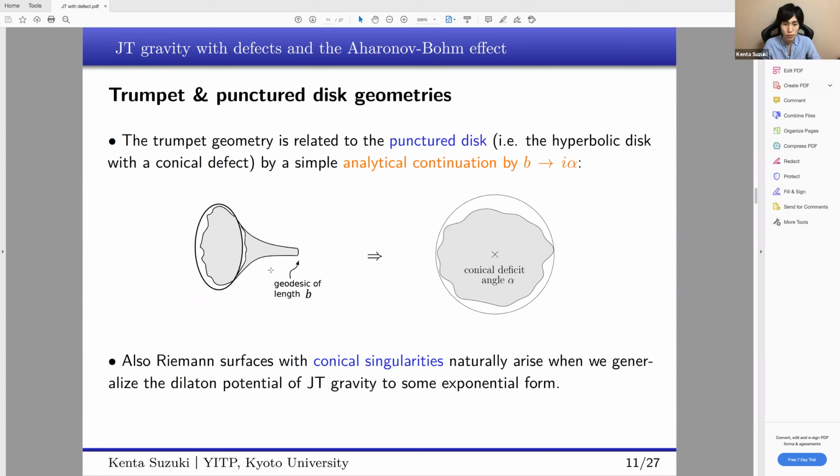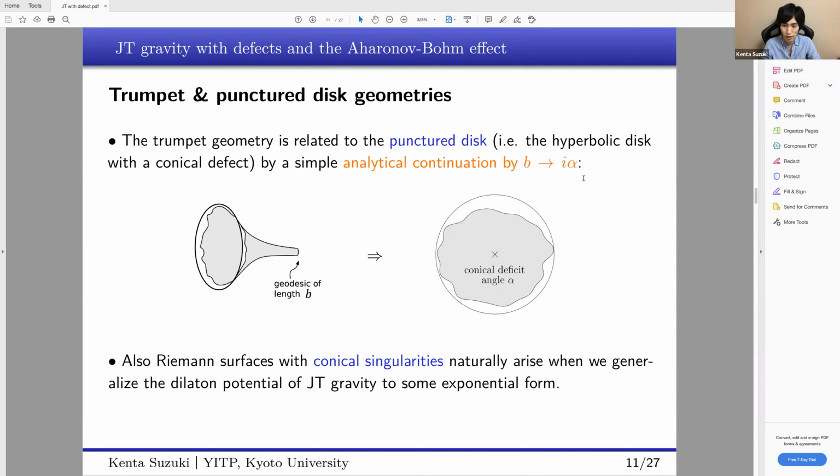And also this trumpet geometry is actually related to the so-called punctured disk geometry, which is just hyperbolic disk geometry with a conical deficit angle inserted at the center of this disk, by simple analytic continuation of the parameter B to i alpha.